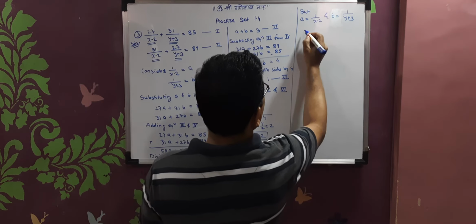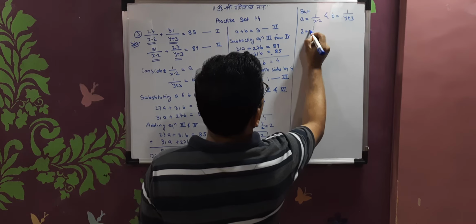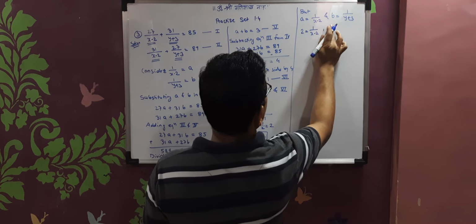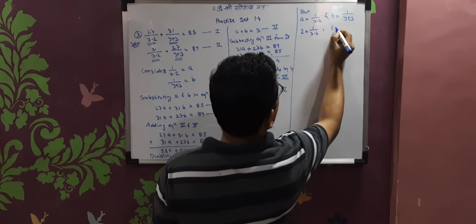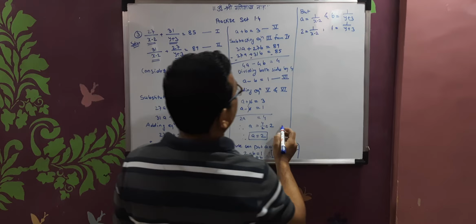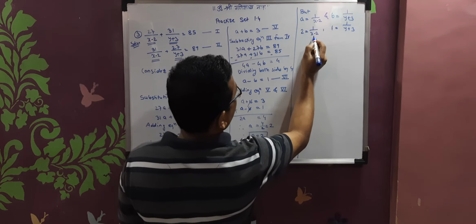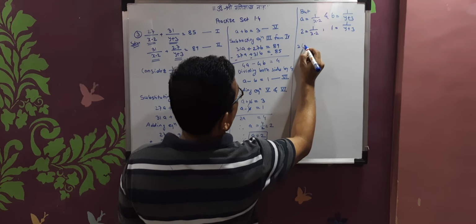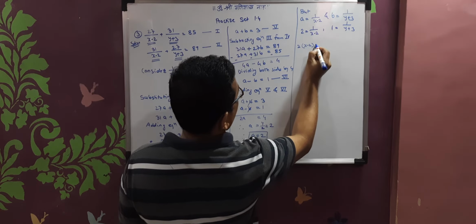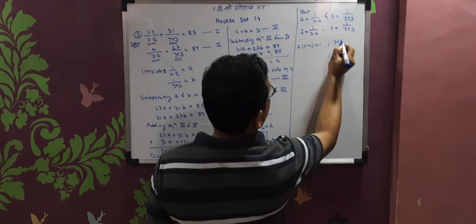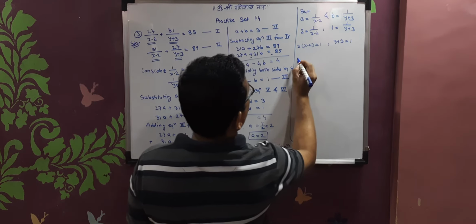A is 2, so 2 is equal to 1 upon x minus 2, and B is 1, so 1 is equal to 1 upon y plus 3. So we will do cross multiplication here. 2 into x minus 2 is equal to 1 and y plus 3 is equal to 1.